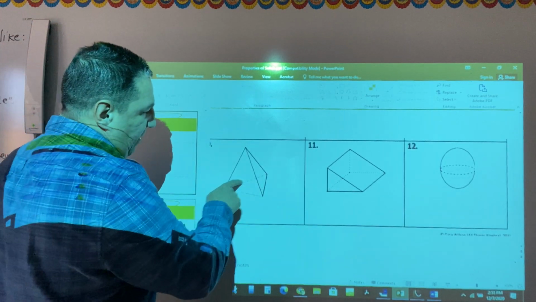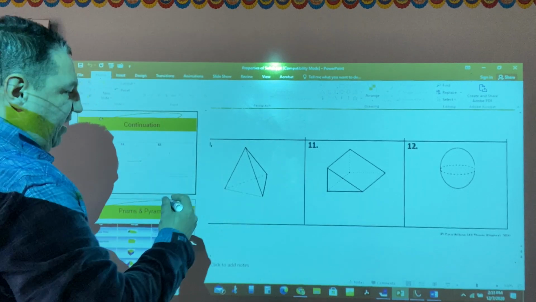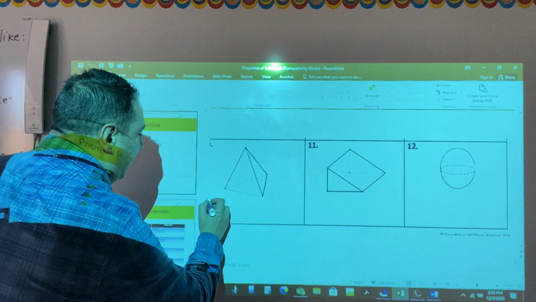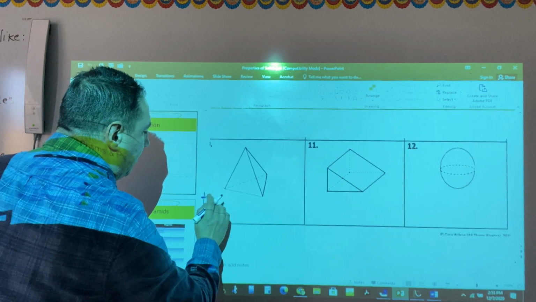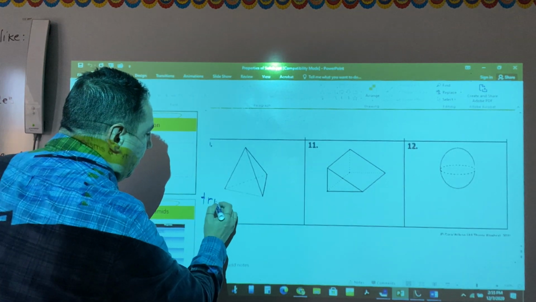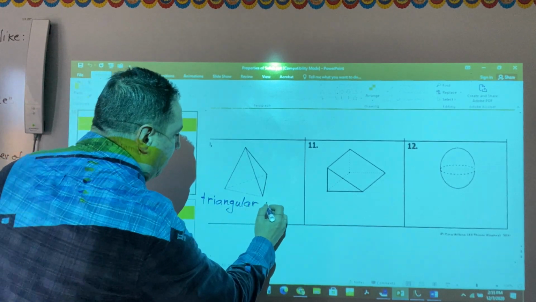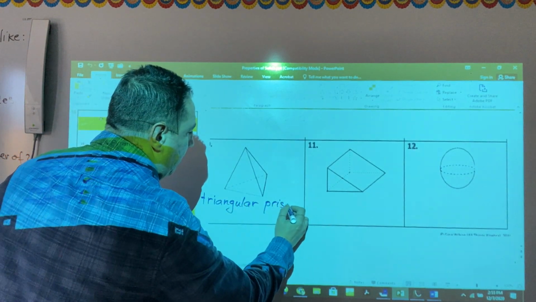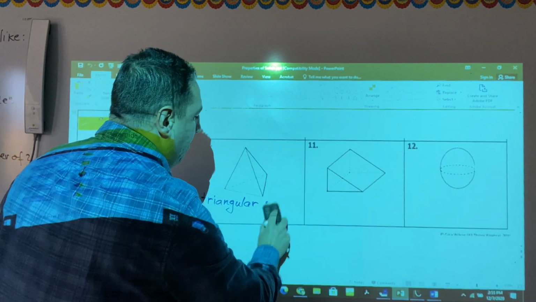And the name of the pyramid is given by the name of its base, which is a triangle. So we're going to say triangular pyramid.